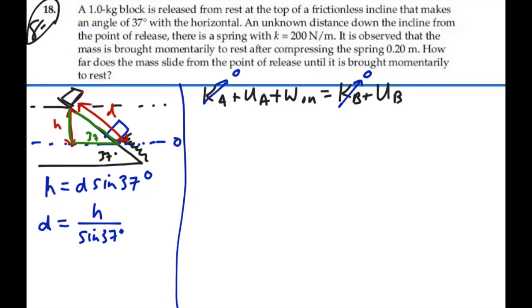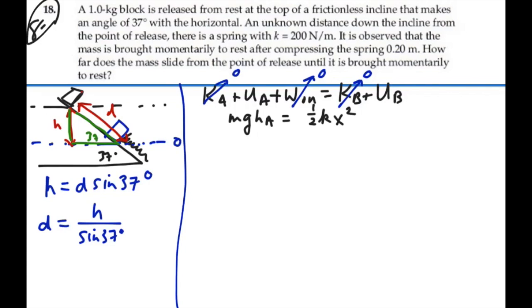We have a spring involved, so we have potential energy at A, which is gravitational, and potential energy at B, which is the spring, and there's no work done along the way, no external forces. So we simply have that mg, height at A, is equal to 1/2 k x squared.